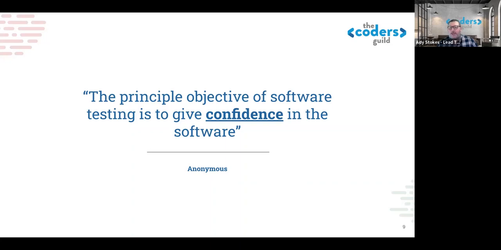So anywhere where human life could be affected by software, so think of medical equipment that automatically doses patients, aviation, self-driving vehicles, we probably wouldn't want to go with, "Oh yeah, it's fine to release, I'm very confident in it." We'd probably want some empirical evidence that that software is going to work as expected in all cases.